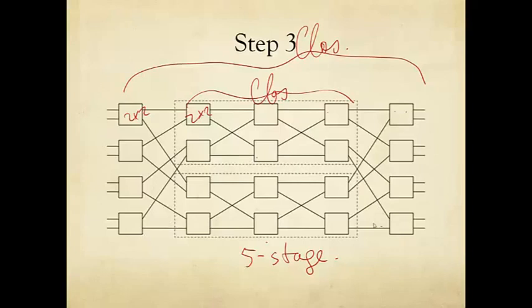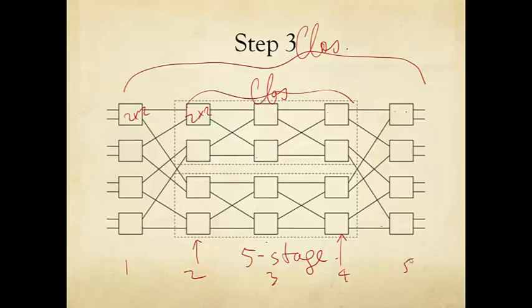Now we can also stop here, but we're going to do a little transformation by rearranging appropriately the position of the switches in stage 2 and stage 4. Now we can just use input, middle, and output stages because there are 5 stages now. Stages 1, 2, 3, 4, 5.